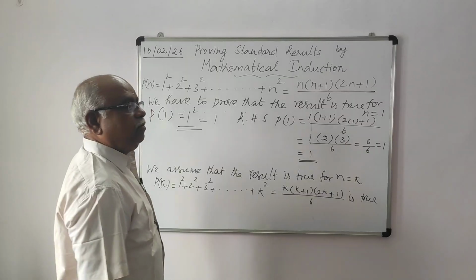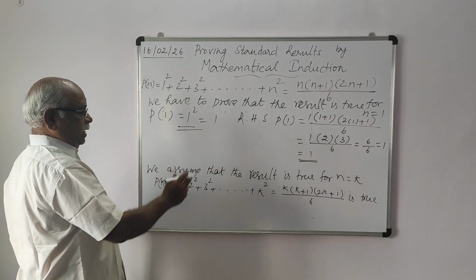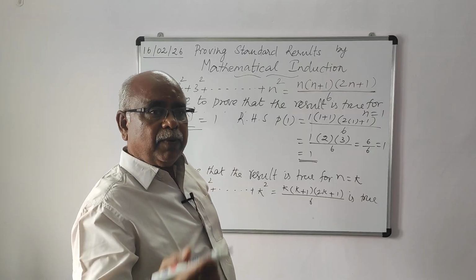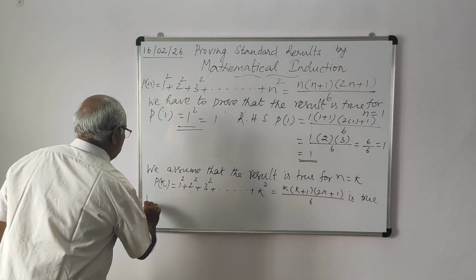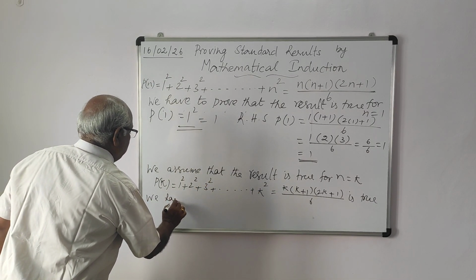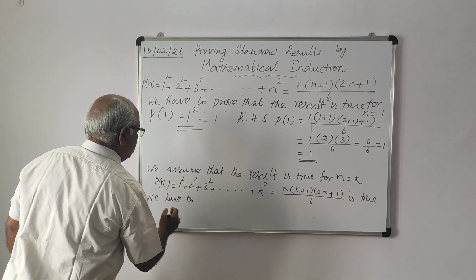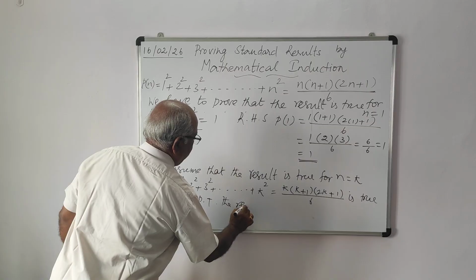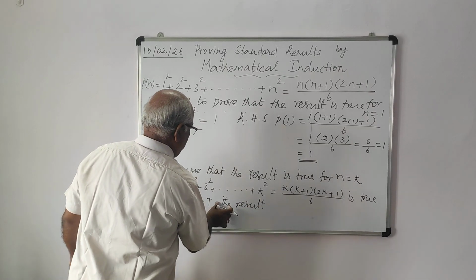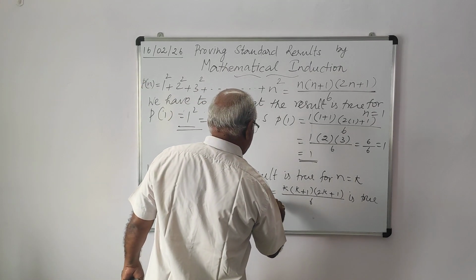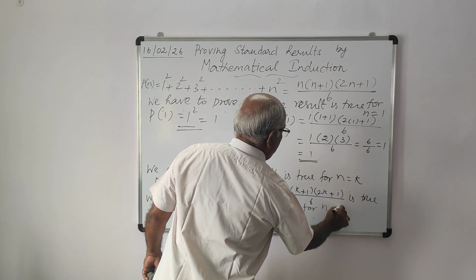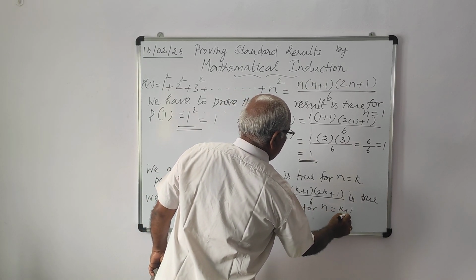P of k, we assume that the result is true for n equal to k, and we have to prove that the result is true for n equal to k plus 1.